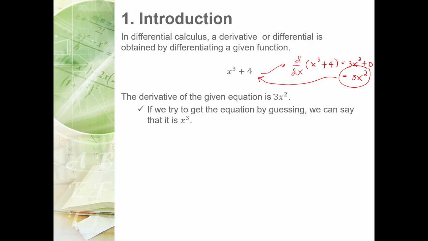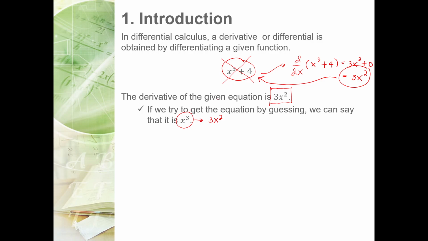So let's say we don't know that the original equation is x cubed plus 4, and what is given to us is only 3x squared. If you want to know the original equation, by guessing, we can say that the equation is x cubed, right? A possible equation for the derivative of 3x squared is x cubed because its derivative is also 3x squared.